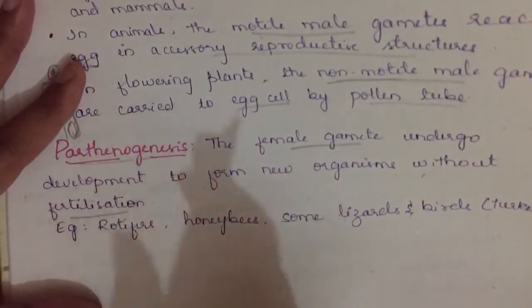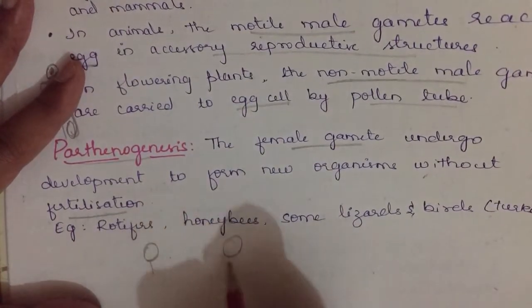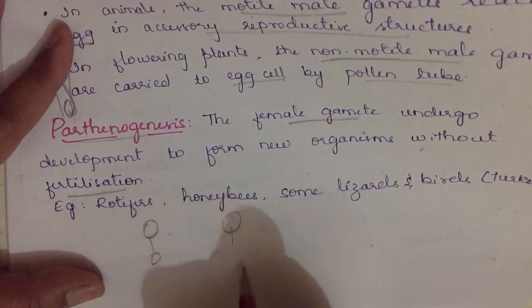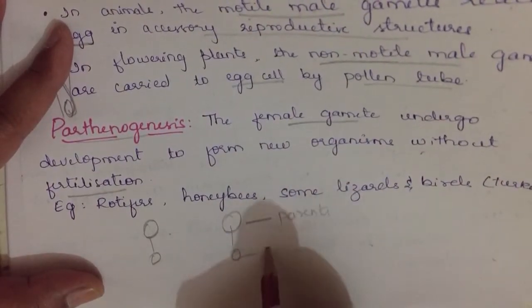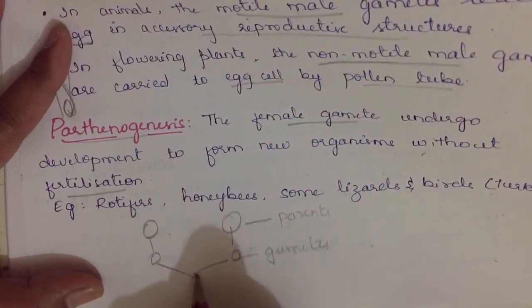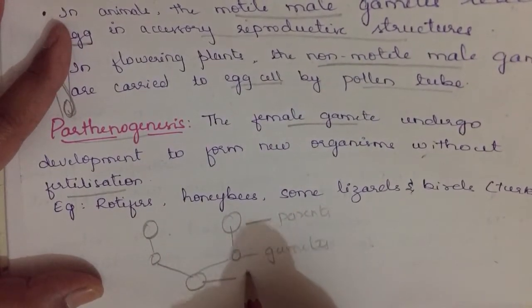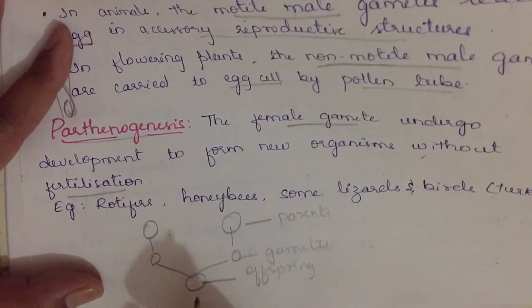But what we said in fertilization is that male and female both will produce gametes. These are the parents, these are the gametes. Both the gametes will fuse to form offspring. Right, this we said in fertilization.